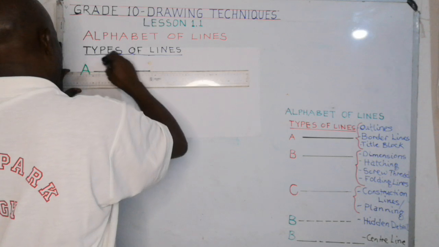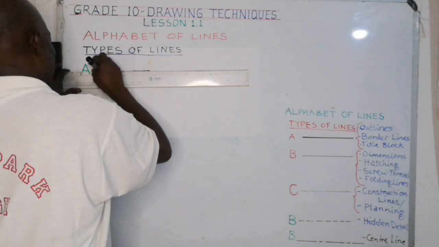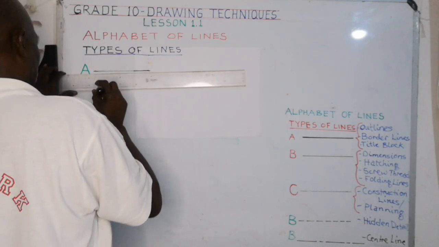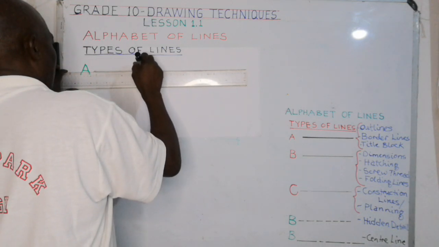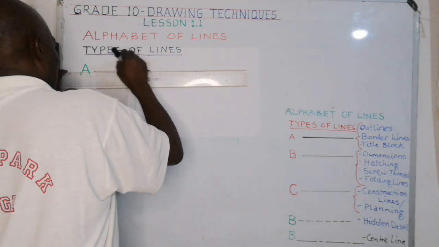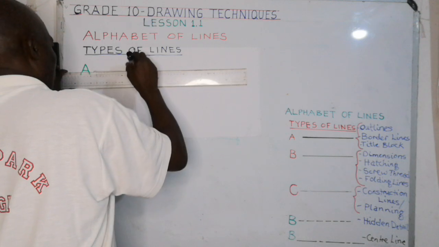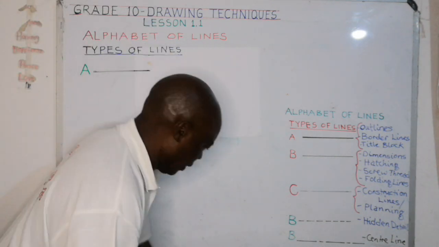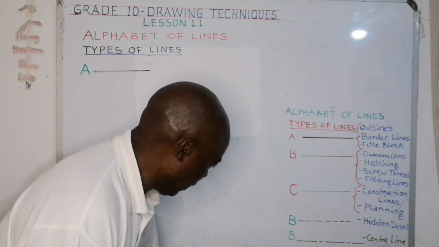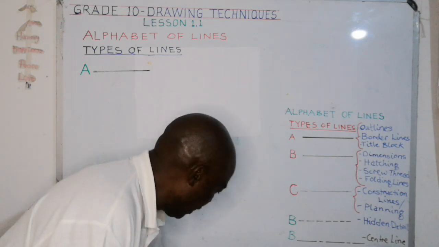So that's an outline, which is type A. Let me make it darker because the other ones will be lighter than this. I'll make it a little bit thicker and darker like that. So this is line type A and is used for outlines.